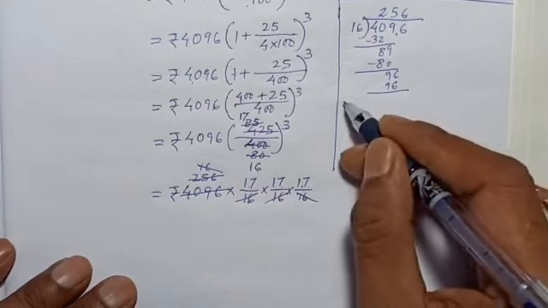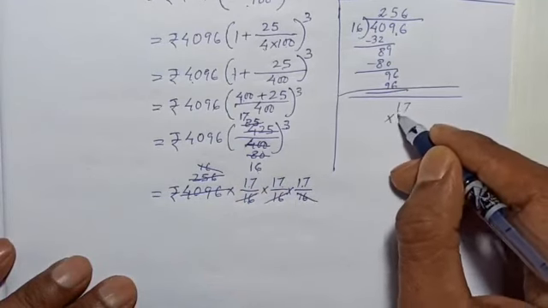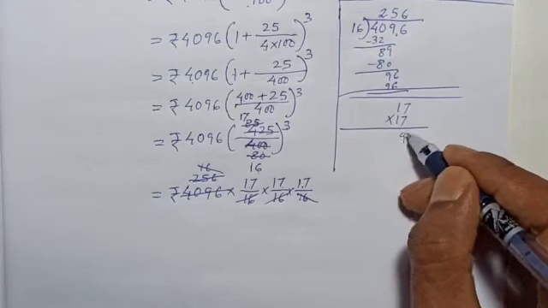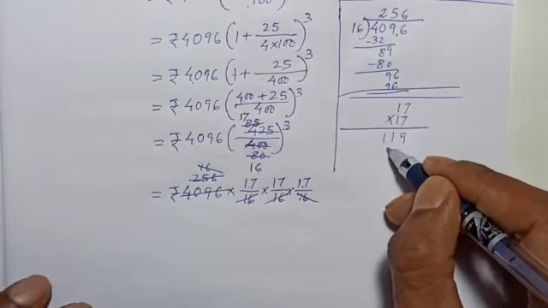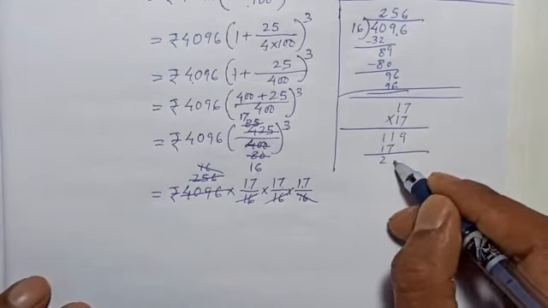Let us multiply this. 17 multiplied by 17. 7 7 are 49. 7 7 8, 9, 10, 11. Then 17 to 8 9.